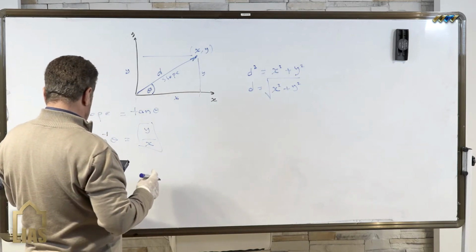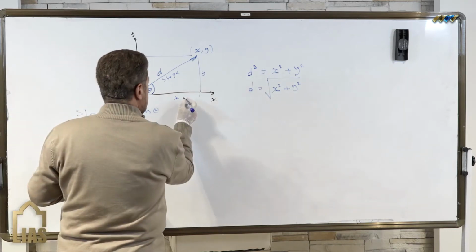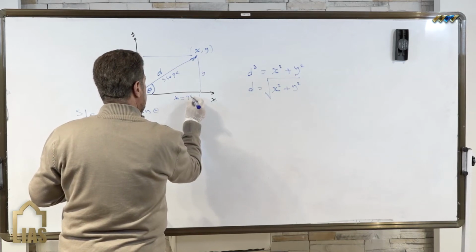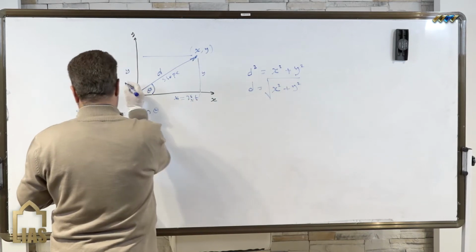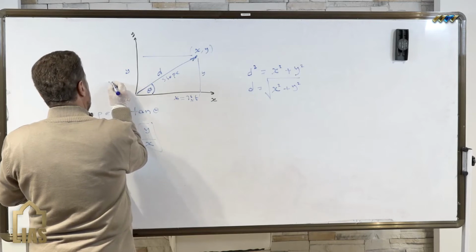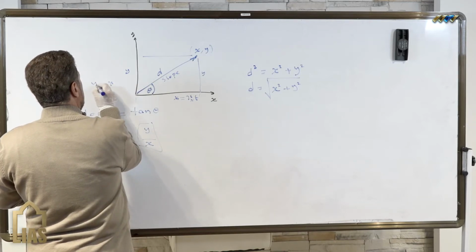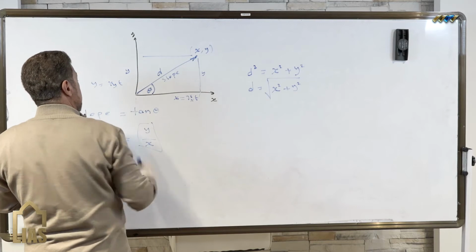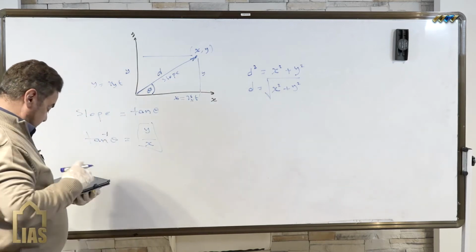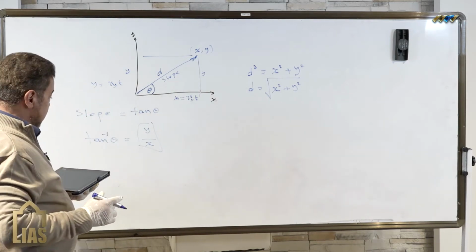If we deal with the velocity, this is here Vx of t, and this here Vy, y is equal to Vy of t.